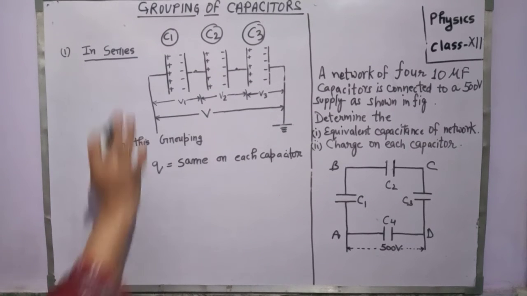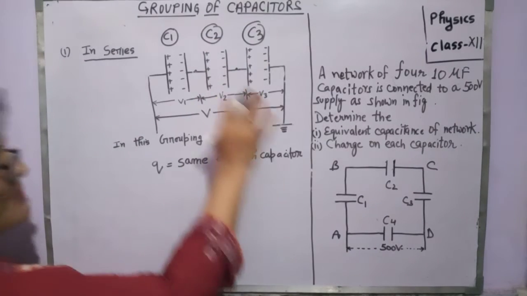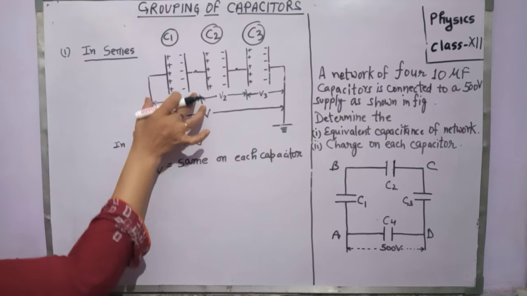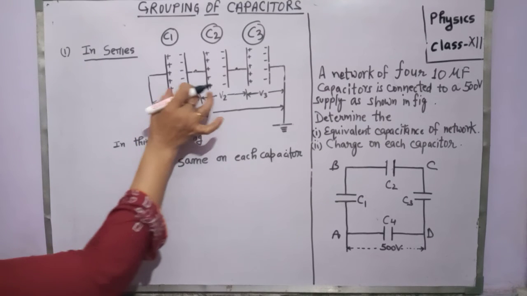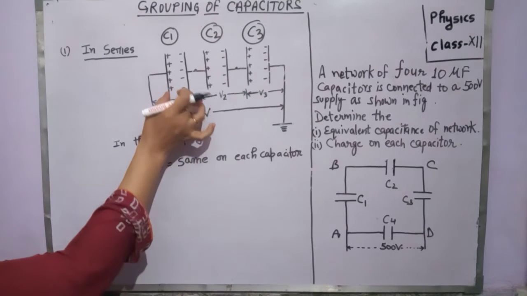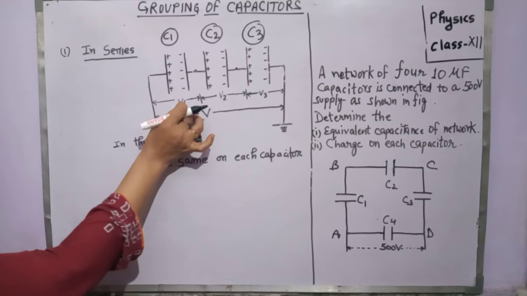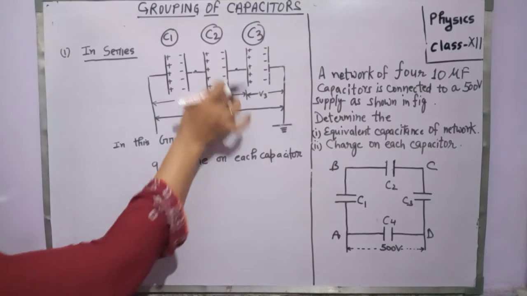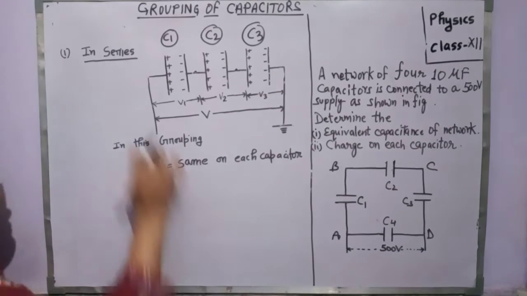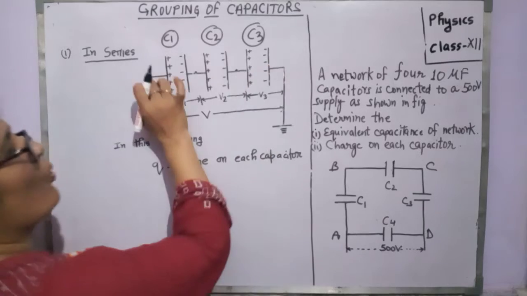Now since capacitances are different but the charge is the same, the potential difference across the plates of each capacitor will be different. Suppose the potential difference across the first capacitor is V1, across the second is V2, across the third is V3, and V is the potential difference applied between these two points.